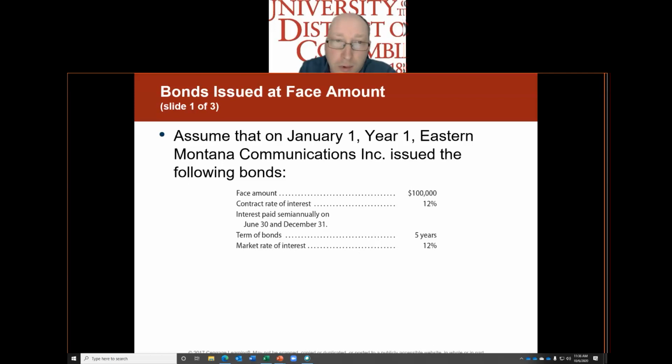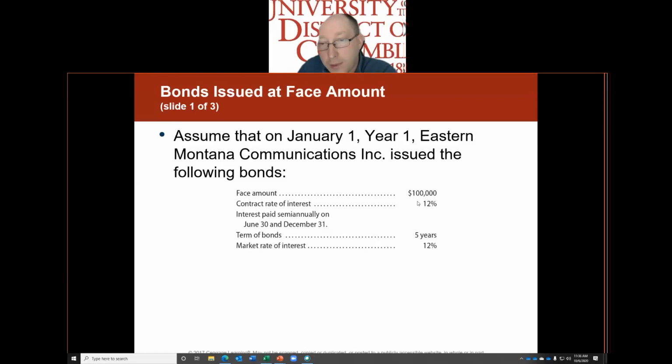So here's an example. Let's assume that on January 1st, this company issued the following bond: $100,000 worth of bonds at a 12% contract interest rate, to be paid semi-annually. The bond's term is 5 years, meaning the life of that bond is 5 years, and the market interest rate is also 12%.